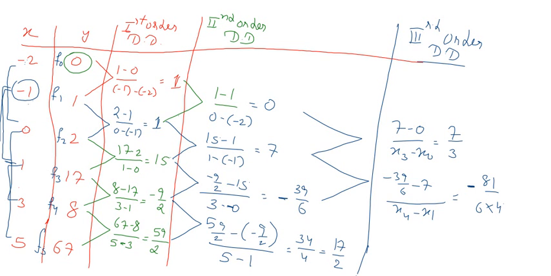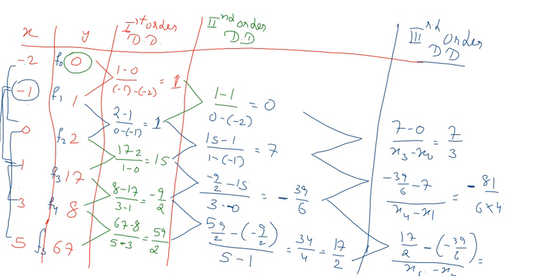So minus 81 by 24. Now for the next entry, you have 17 by 2 minus 39 by 6. You are going to start with x2, so x2, x3, x4, x5, so divided by x5 minus x2.